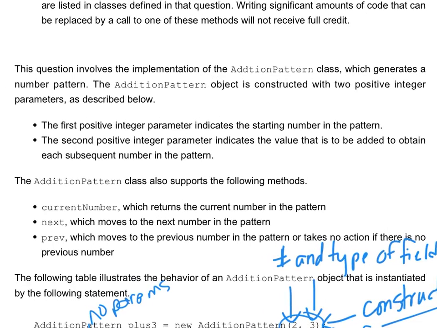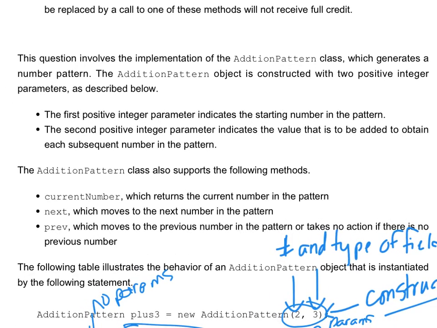But these are all about the specifications here. There's no previous number here, no previous number, because it's all about positive numbers. They're talking about positive numbers. Second positive integer generates a number pattern with 2 positive. And maybe it wasn't as clear as it probably should have been, but I don't know.